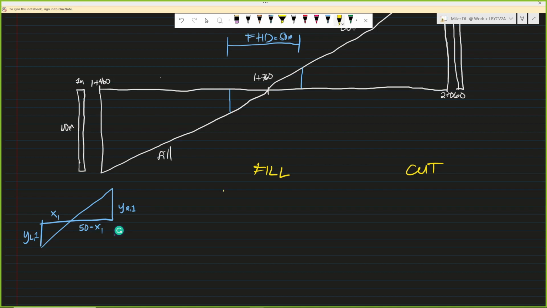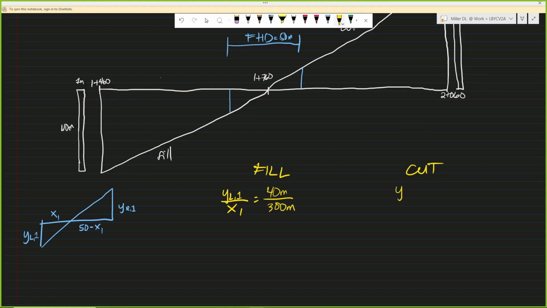So, rise natin ay y sub L 1 over x sub 1 is equal to, titignan naman natin to sa bigger triangles natin. So, ang rise natin ay 40 meters over 300 meters. Ganun din sa cut.